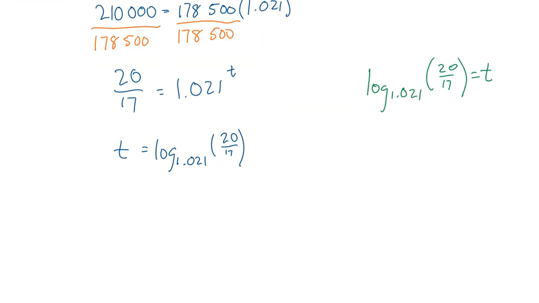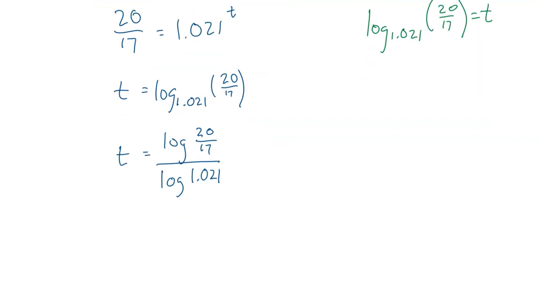Okay, if you're using the change of base formula, then you're writing this out next, or you're just putting it into your calculator. I don't care which one you do, obviously. But one way or another, you're putting this into your calculator.